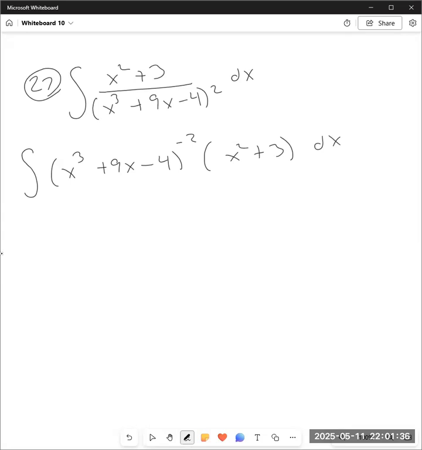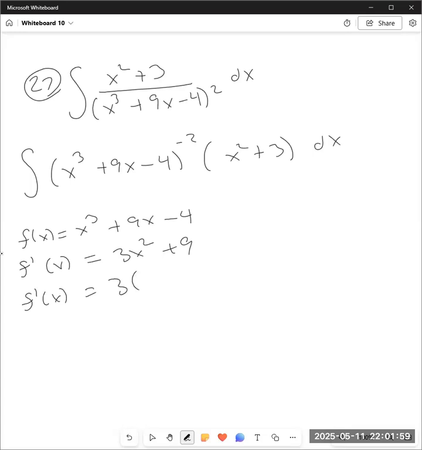So we have f of x is equal to x cubed plus 9x minus 4. F prime of x is equal to 3x squared plus 9, which has a common factor of 3: 3 times (x squared plus 3), and I have x squared plus 3.